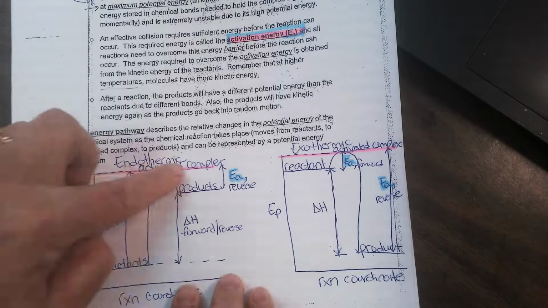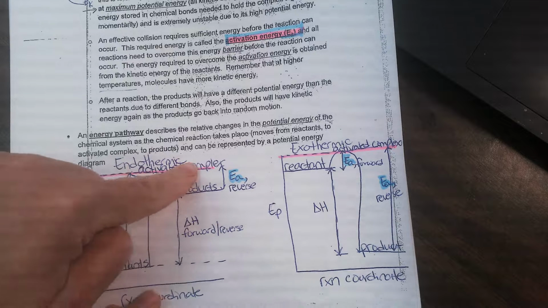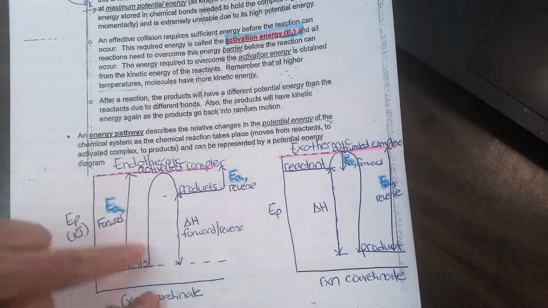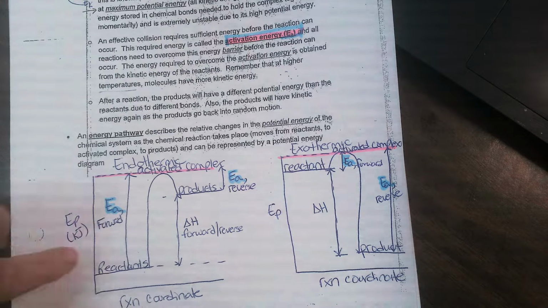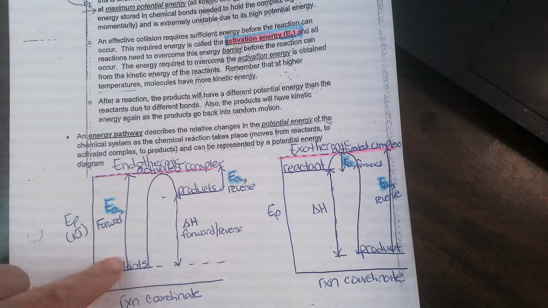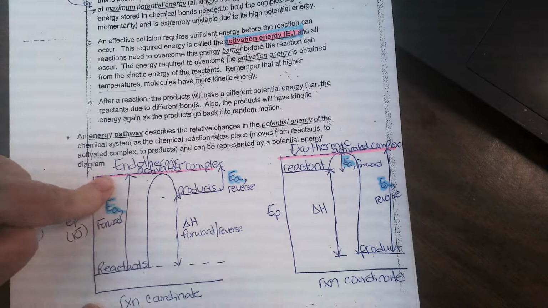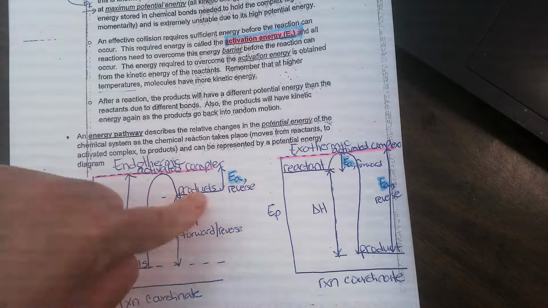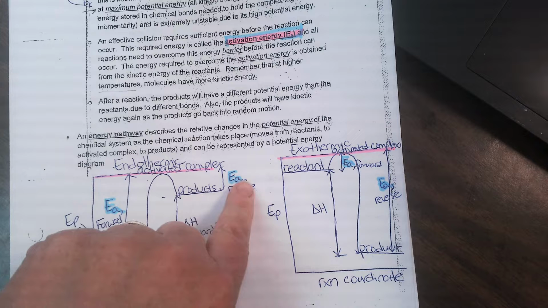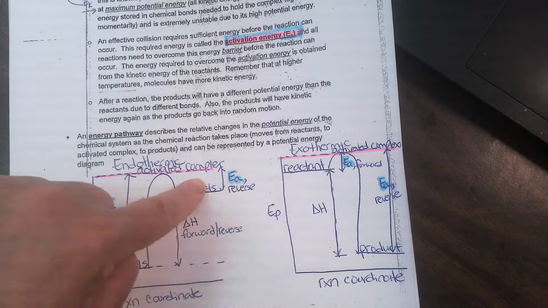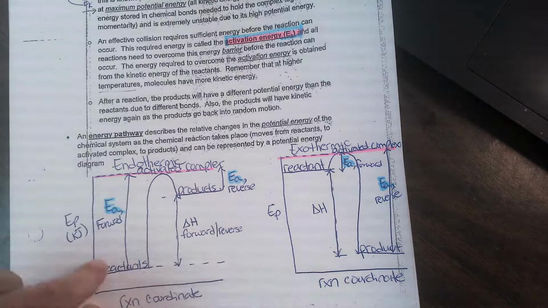Your activated complex is the maximum potential energy that the reactants will have to reach to move into the products. In an endothermic reaction, it requires a lot of activation energy to get them to move towards products. If we were to reverse the reaction, it wouldn't take very much energy for these products to change into the reactants.